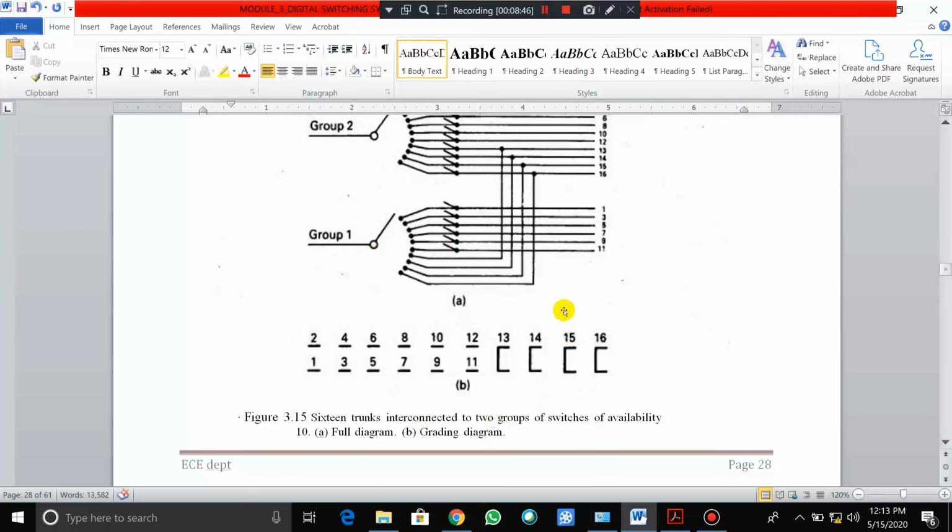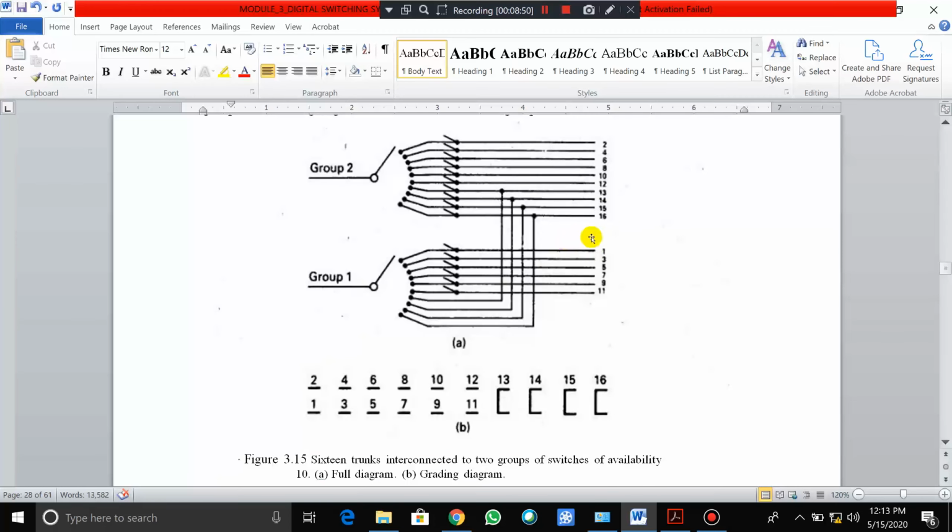Here you can see 1 and 2 are as they are, 3 and 4 as they are, 5 and 6, 7 and 8, 9 and 10, 11 and 12 as they are. But 13 and 14 are represented like this.